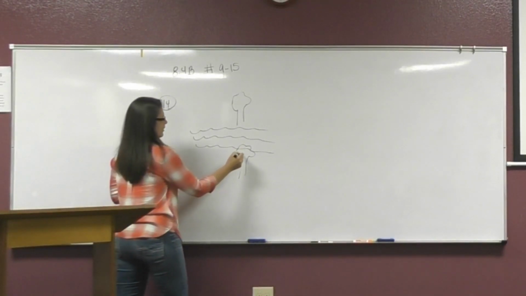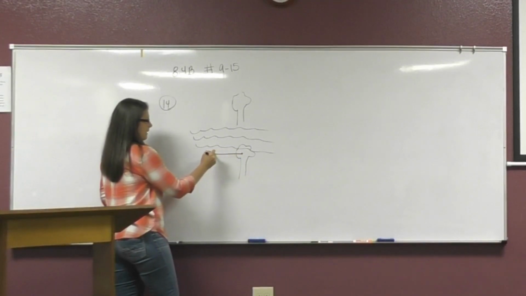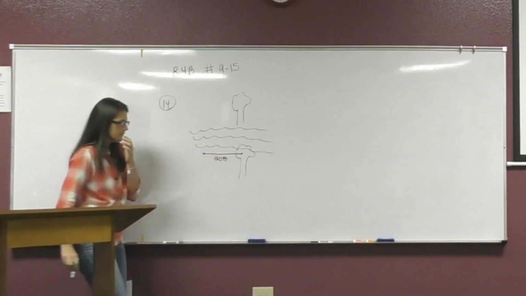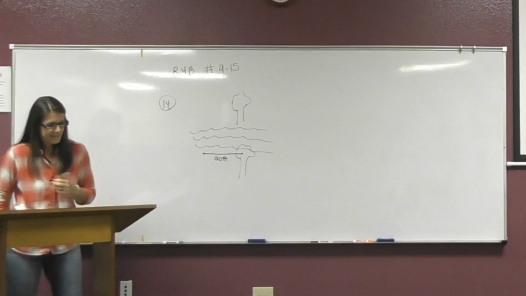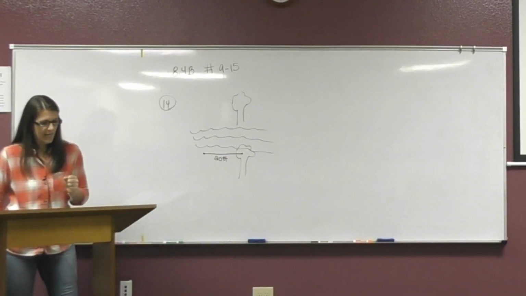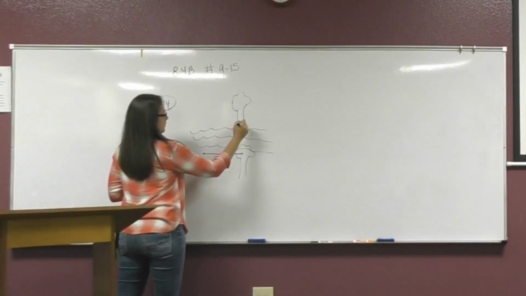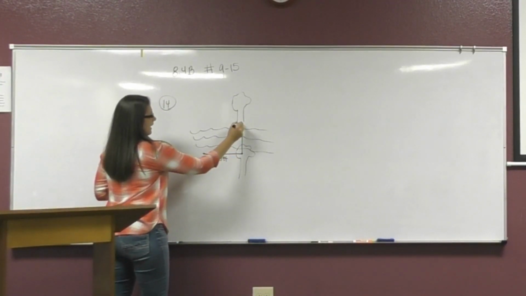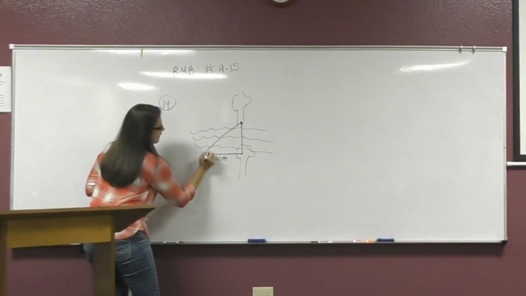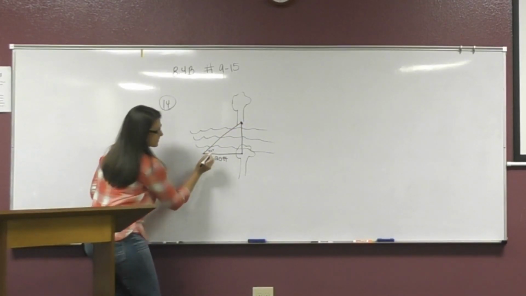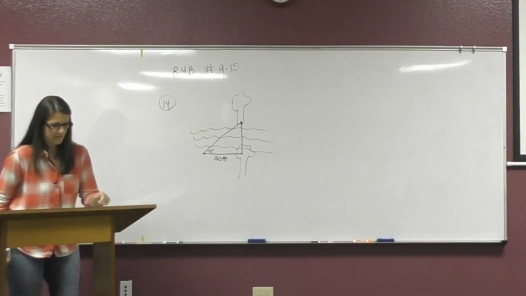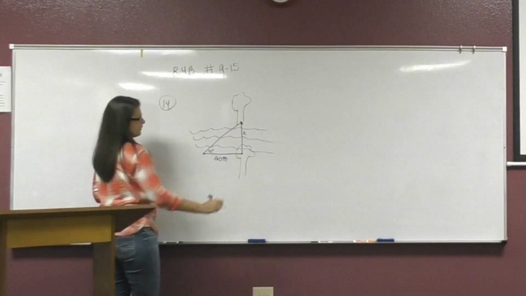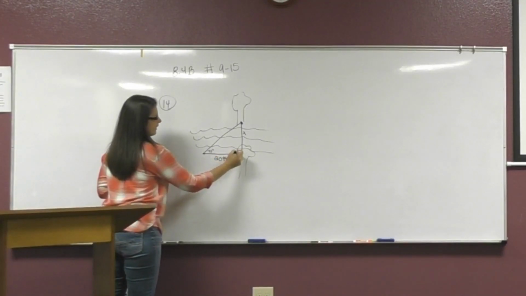So they walked 20 feet parallel to the river, and they measured an angle at that point. We're going directly across from one tree to the other, and the measure of that angle was 73 degrees. So the question is, how wide is the river? This is what I'm looking for.